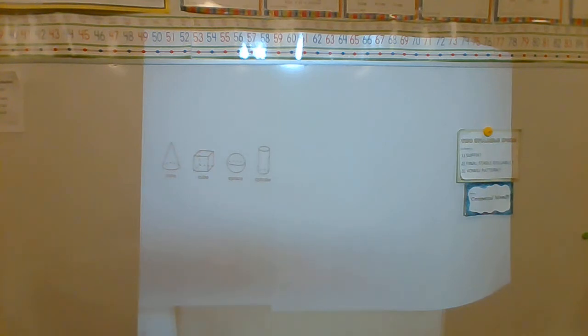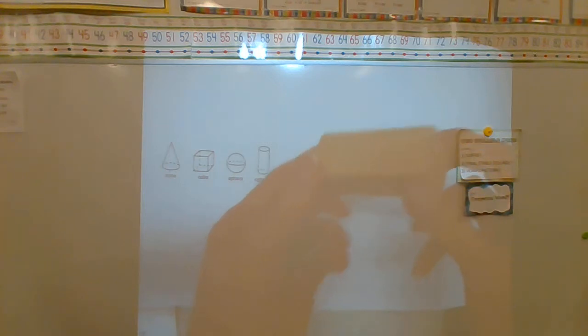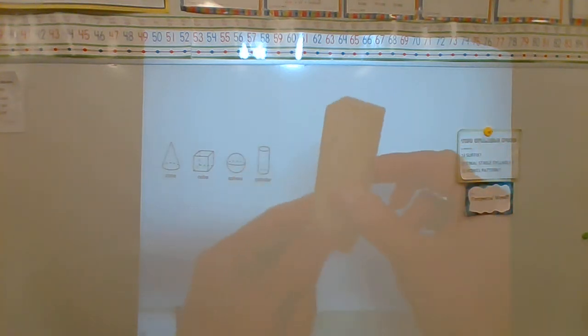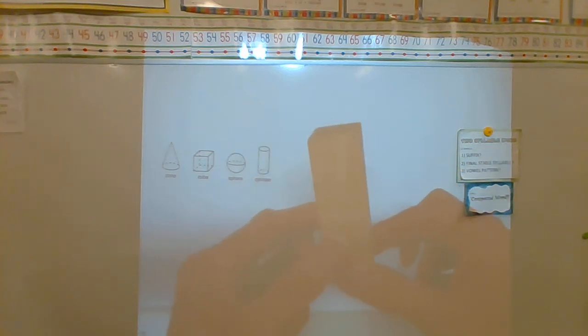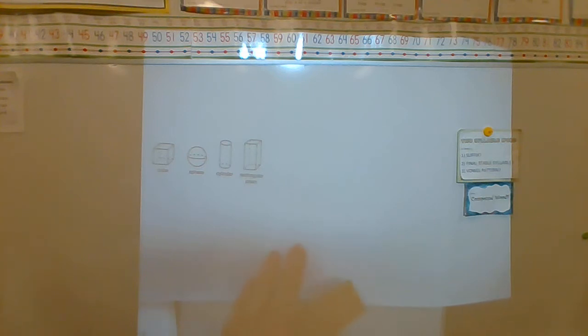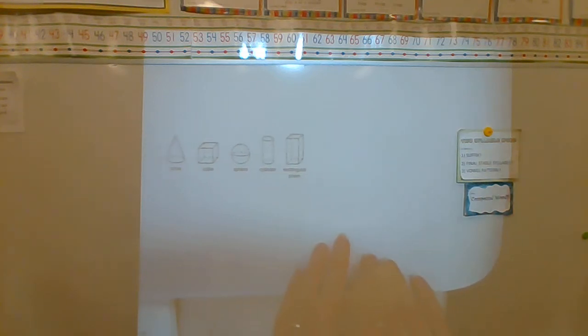Right? Next. Does anybody know what we call this? He has the fanciest name of all. Well, at least he has the longest name of all. He's called the rectangular prism. That's our rectangular prism.